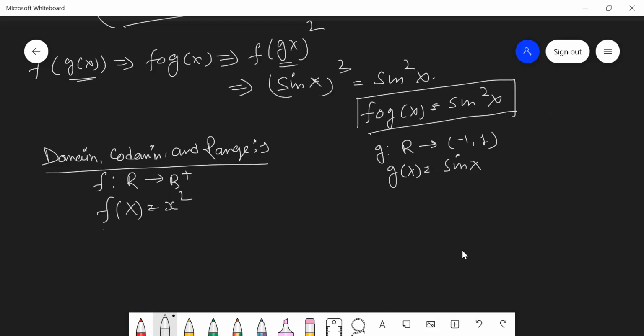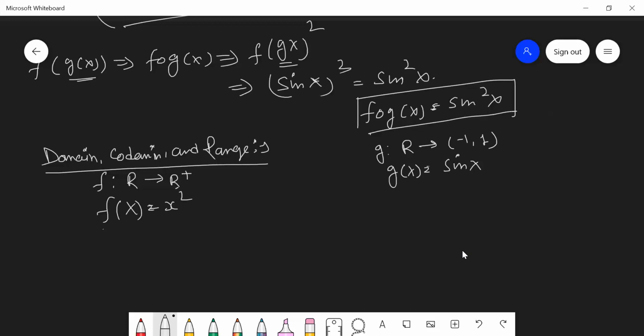You know the function sin x gives a range between -1 and 1. When we put all the real numbers into x, we get values from -1 to 1.